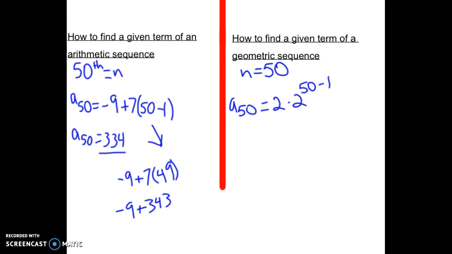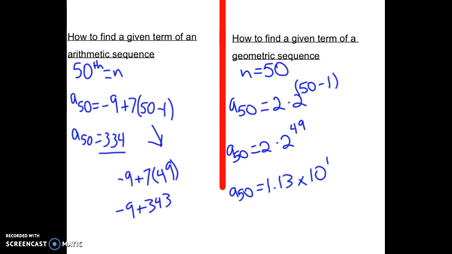Now if you want to put this in your calculator as is, you need to put these in parentheses. Otherwise you can also write it like this, a sub 50 equals 2 times 2 raised to the 50 minus 1 is 49. Either way works. 2 times 2 raised to the 49 is an incredibly large number in this case. A sub 50 equals, I'm going to do it in scientific notation, 1.13 times 10 raised to the 15.